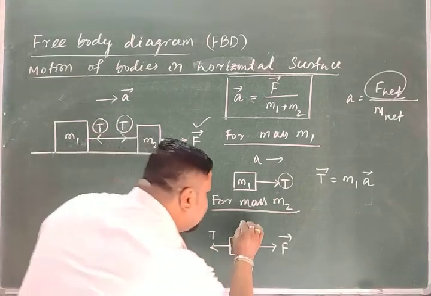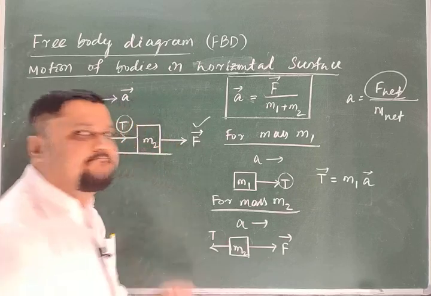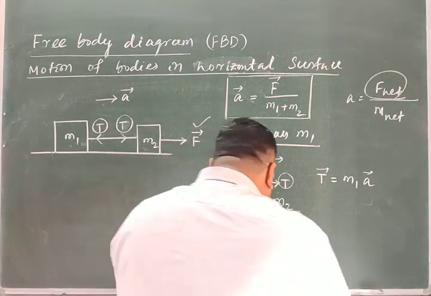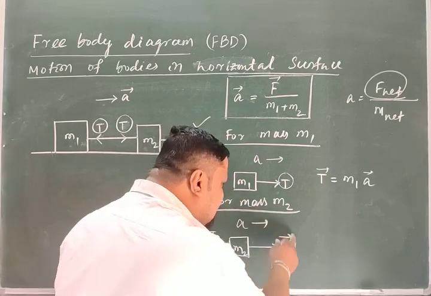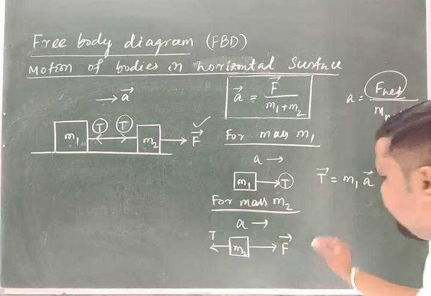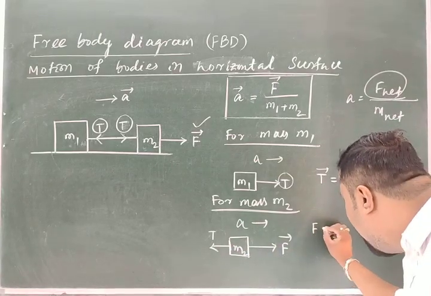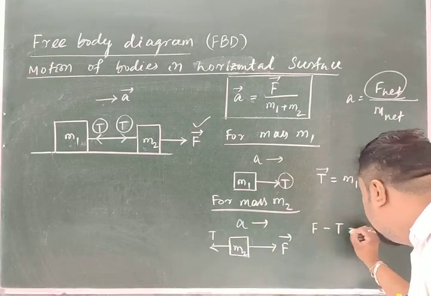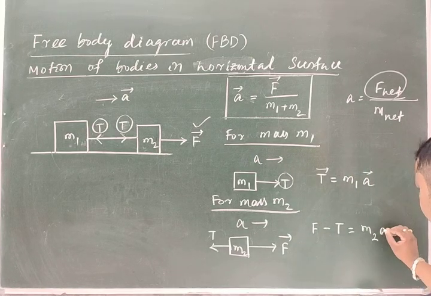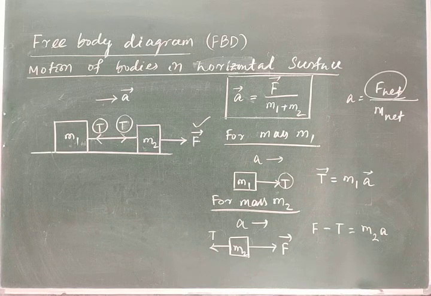And this gives an acceleration along this. Now the body has an acceleration along the direction of the external force, so F must be greater than this T. So I can put the magnitude: F minus T is equal to the resultant m2a.